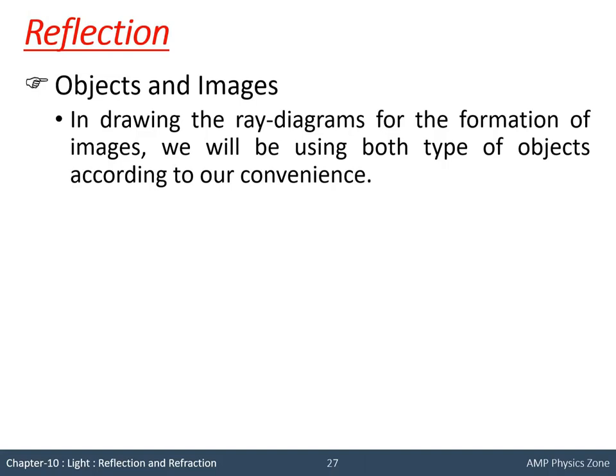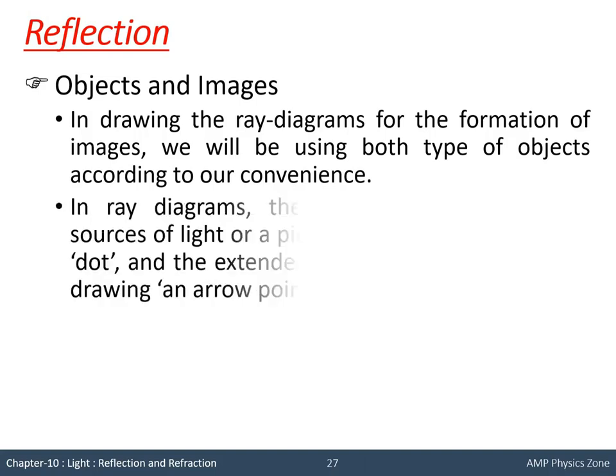In drawing ray diagrams, in reflection both are used. While drawing a ray diagram, when we want to find the image, or we study formation of image, we will use, according to convenience, any type of object, whether point object or extended object.